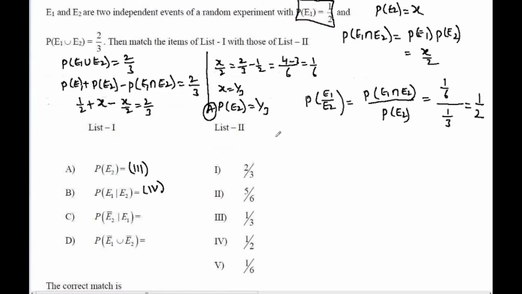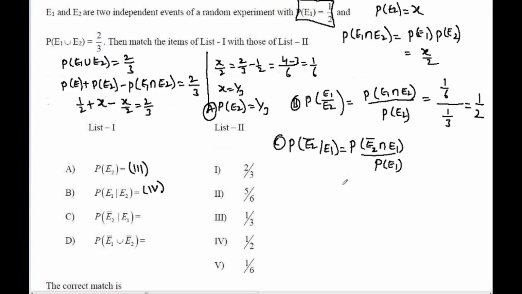And the third one, this is C. C value is probability of E2 bar by E1. This is P of E2 dash intersection E1 by P of E1.